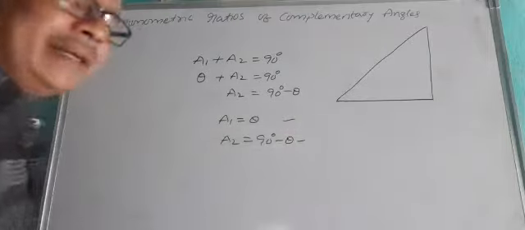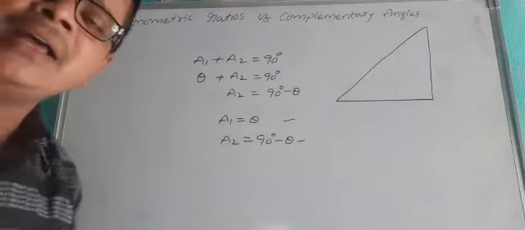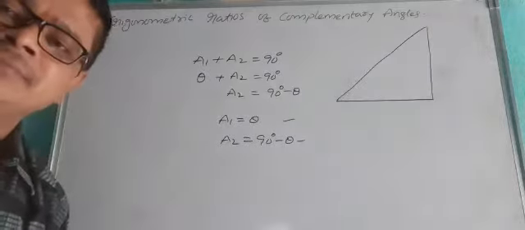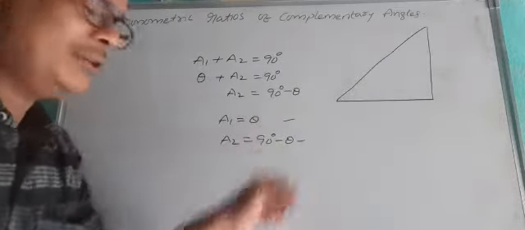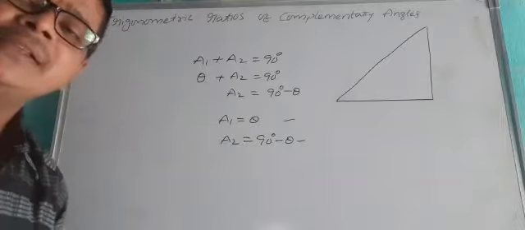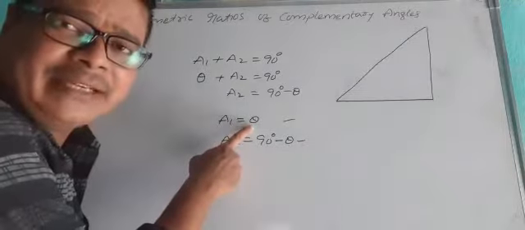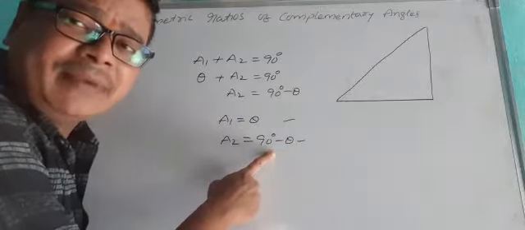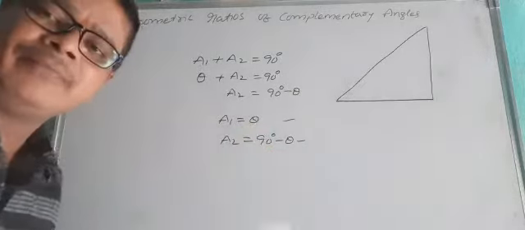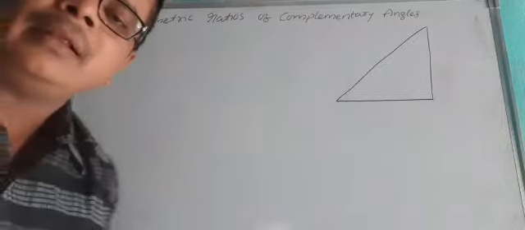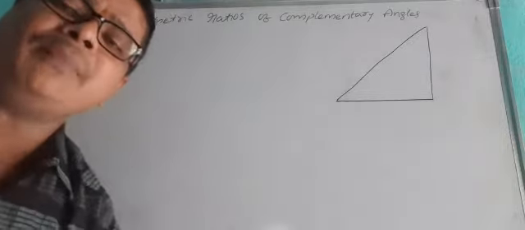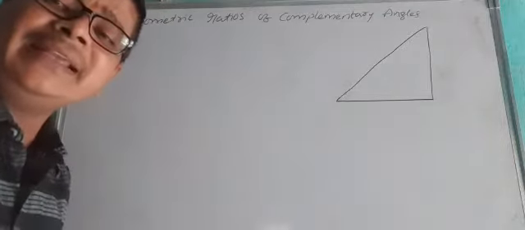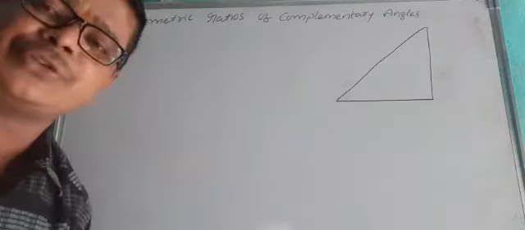So theta and 90 minus theta are mutually complementary angles to each other because their sum equals 90 degrees. Okay. So what is the complementary angle of theta? 90 minus theta. What is the complementary angle of 90 minus theta? That is theta.